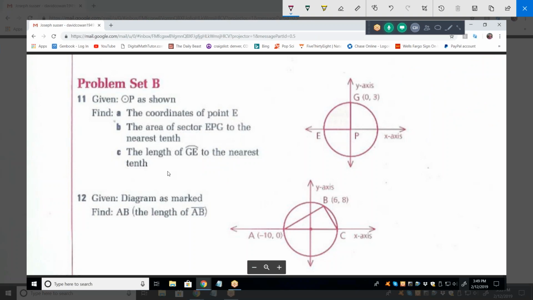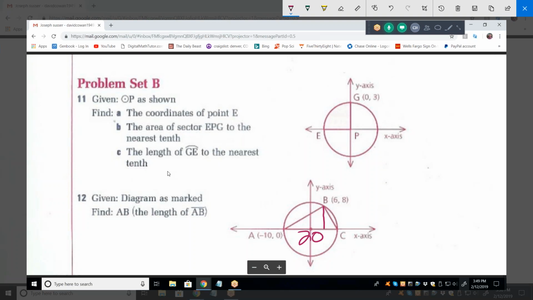All right, number 12. I guess I have all of the information, don't I? Okay, find AB. So we know that the base is 20, and we know the height is 6.